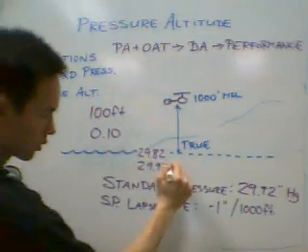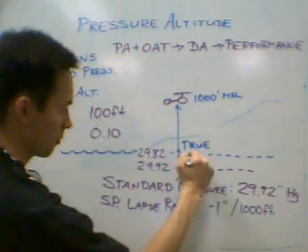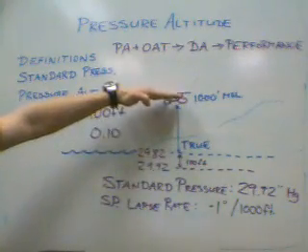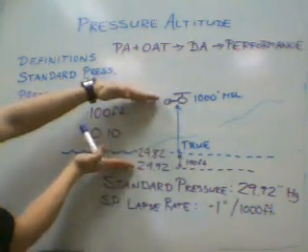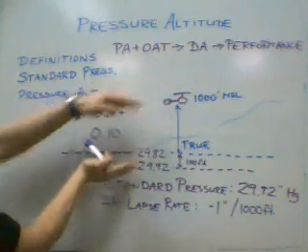So 29.92 on this day would, in theory at least, be 100 feet below sea level. So it adds to our true altitude. In this case, our pressure altitude would be 1,100 feet.